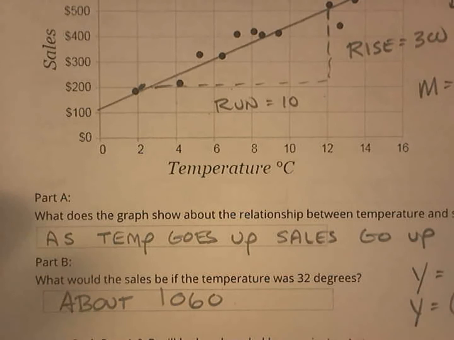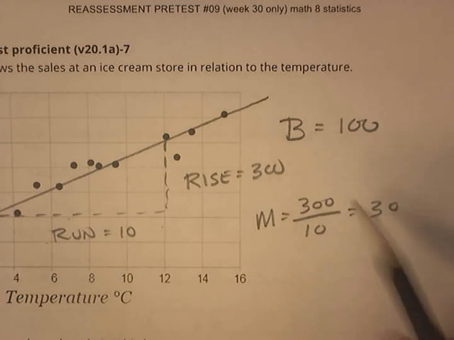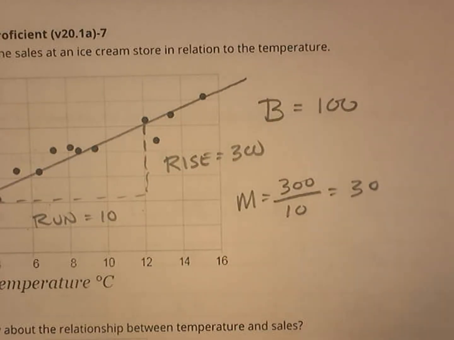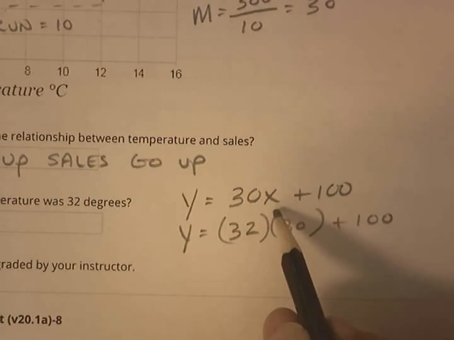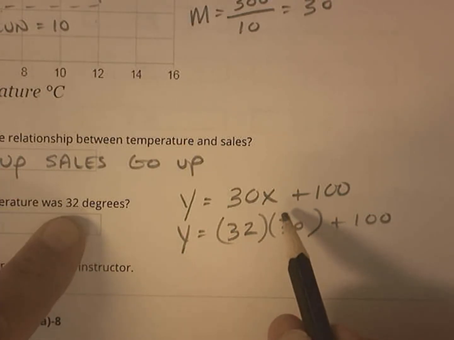Here's what I did. I built the equation and then I used the equation. So I came over here. I found the slope, and the slope is about 30. I found the y-intercept, and the y-intercept's at about 100. So I built the equation y equals 30x plus 100. And then I plugged in the temperature of 32 degrees.